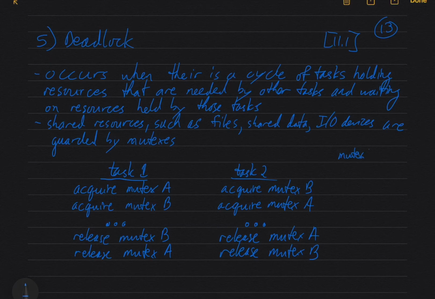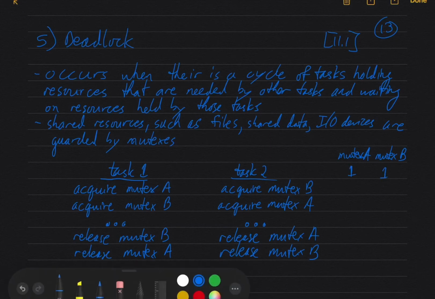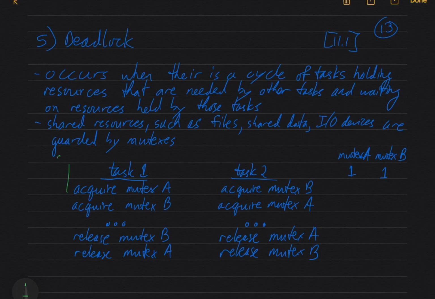So let's draw mutex A here, mutex B, and mutexes, their initial value is always 1, and so let's go through what happens here. So say that the control flow is that task 1 acquires its first mutex, and then maybe we have a context switch.